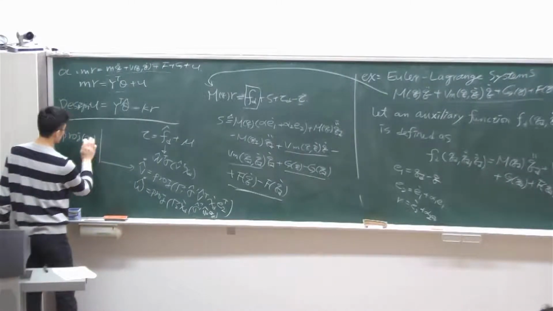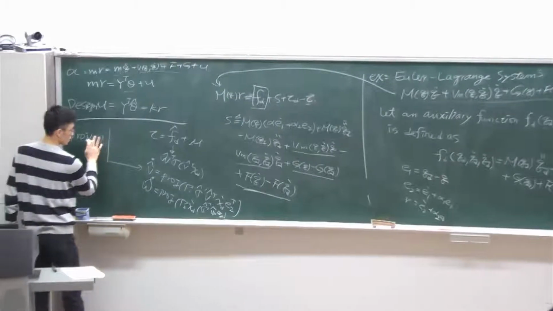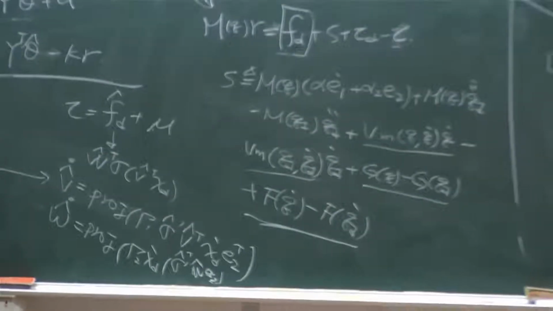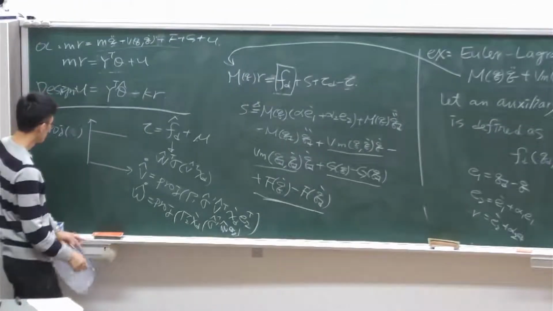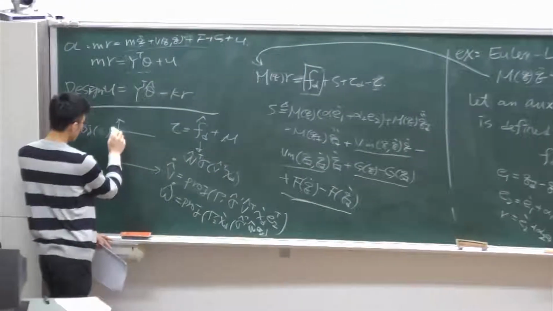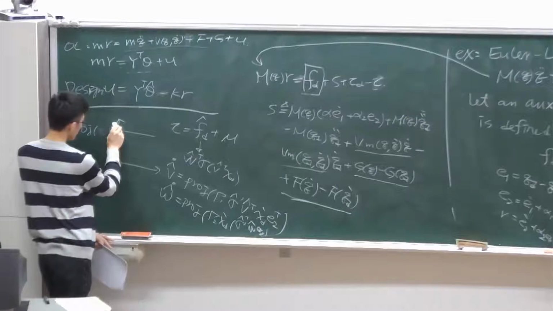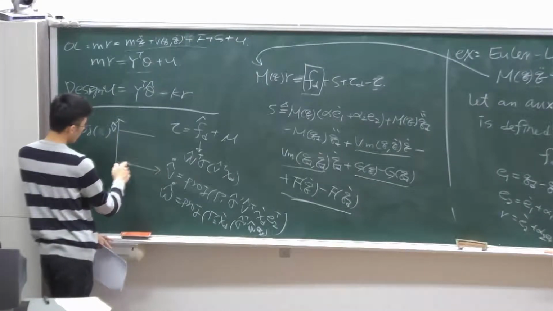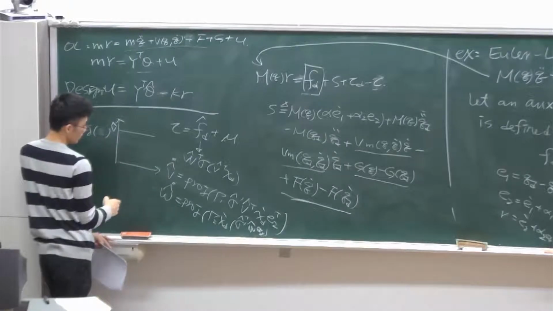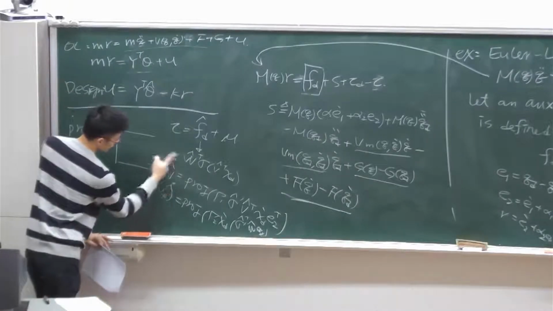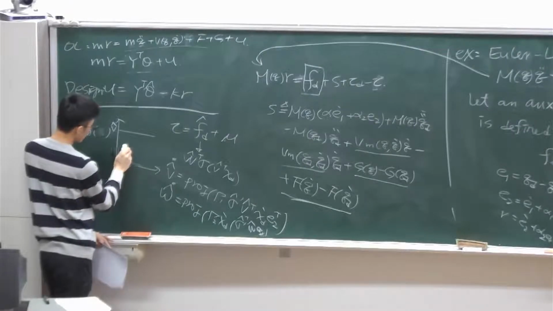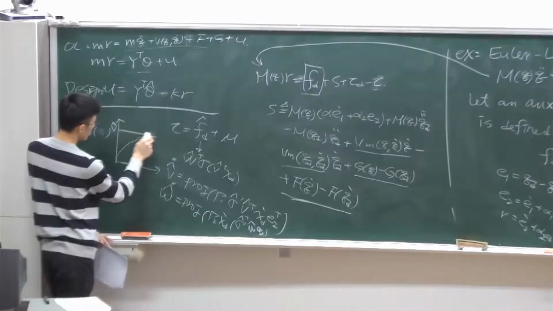In this example, this is V hat, and V hat is obtained by integrating V hat dot, okay, and you find that V hat will go up until you set up a threshold.